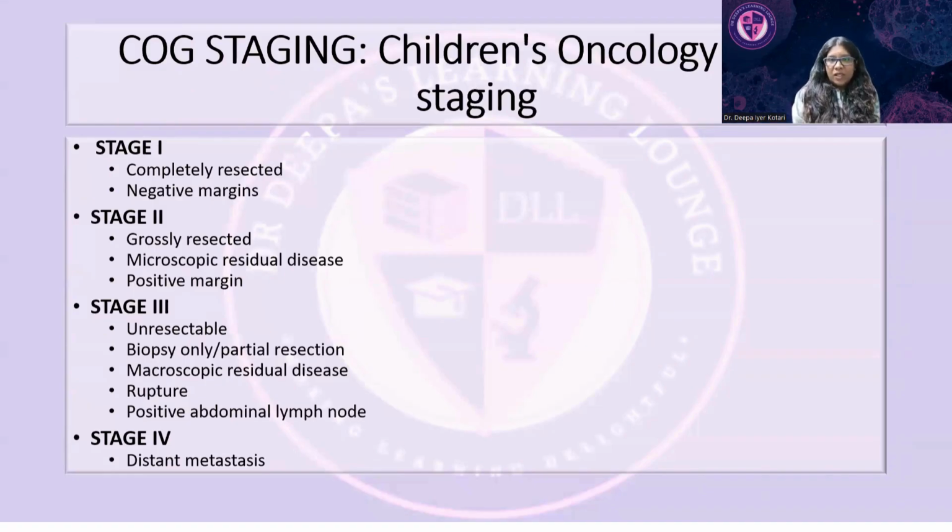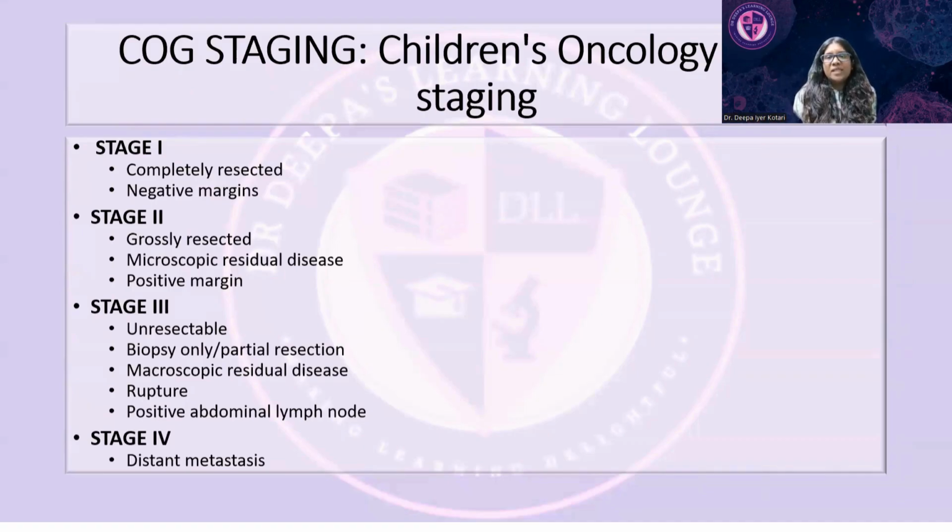The COG staging, or the Children's Oncology Group staging, is a different perspective from PRETEXT. PRETEXT is an anatomical pretreatment classification, while the COG staging incorporates the extent of surgical resection and the presence of residual disease. Stage 1 means the tumor has been completely resected with negative margins.